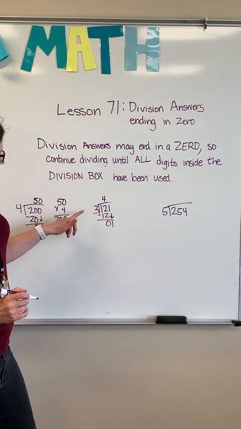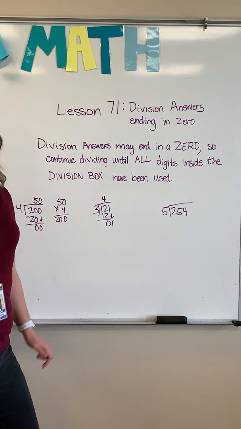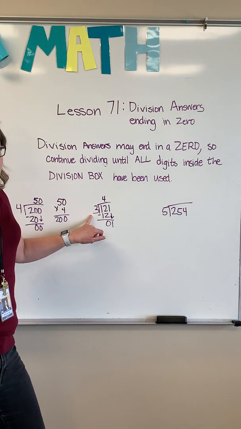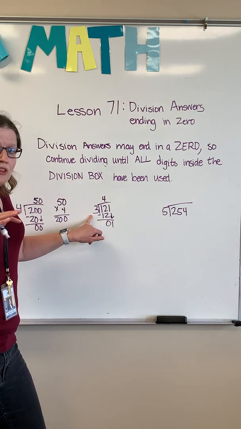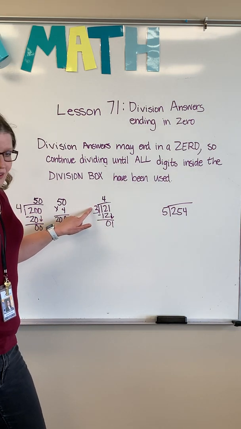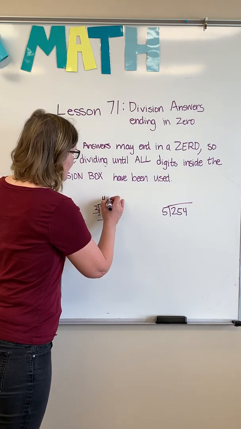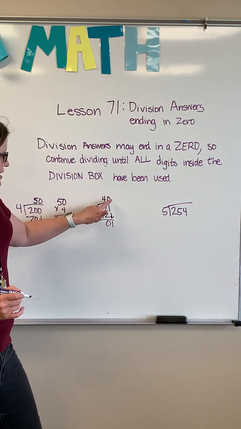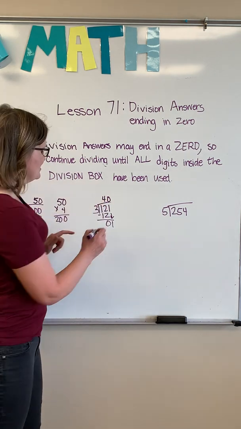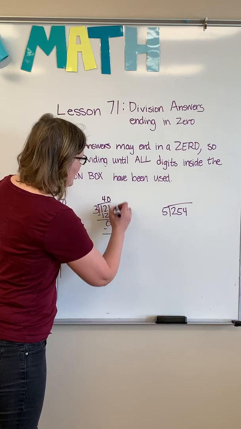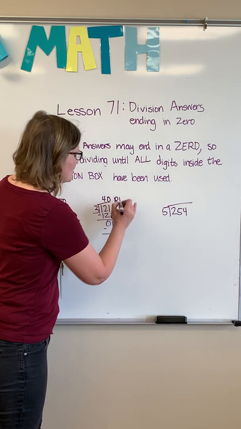But wait a minute. 1 cannot be divided by 3. It just can't. When the number is smaller than the divisor, then we say, sorry, can't do it, and we put a 0. And then we say 0 times 3 is 0. We do all the steps, subtract. We have 40, remainder 1.